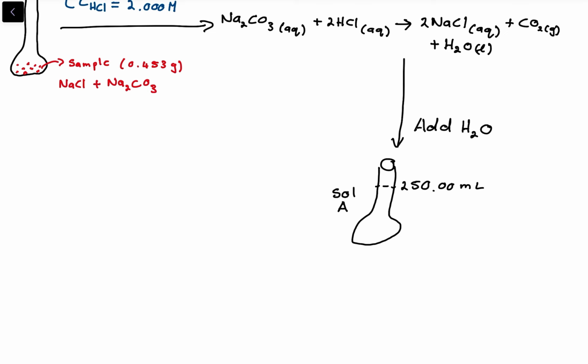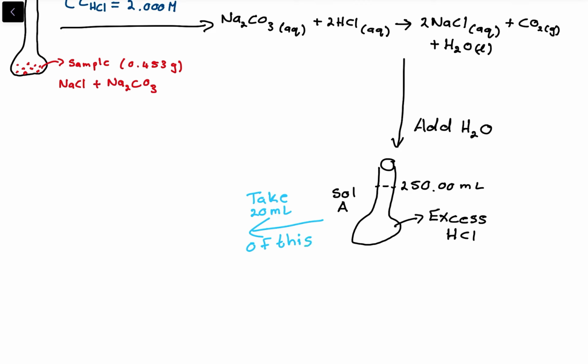So the reaction has taken place. We have those products, but we also have excess HCl left in that, a specific amount of moles. But we've now made a specific volume of solution. We're then told, right, of this, we take 20 milliliter. So that's what our aliquot is.